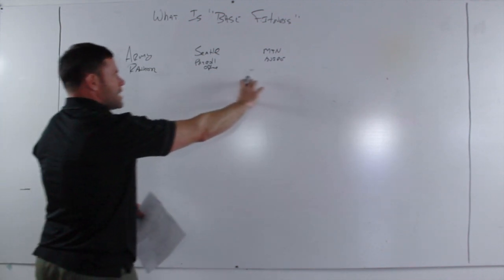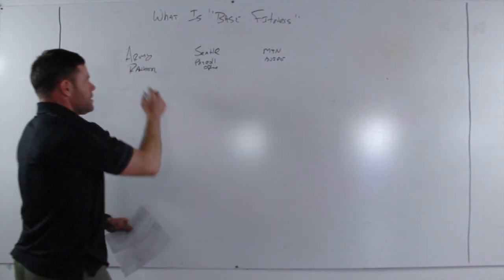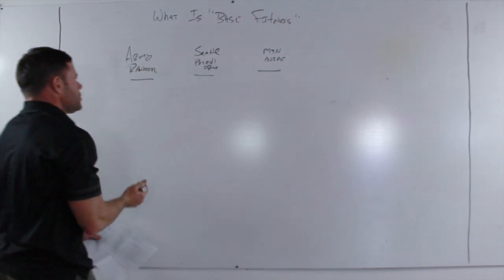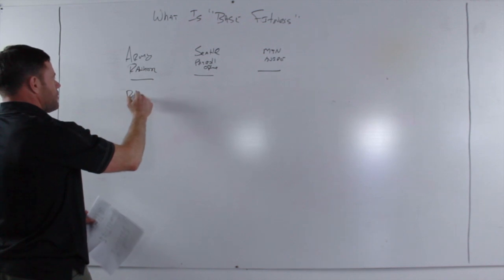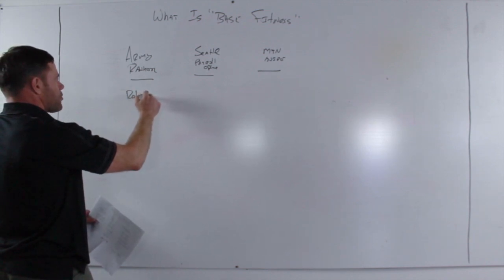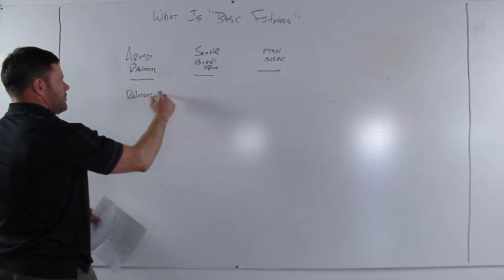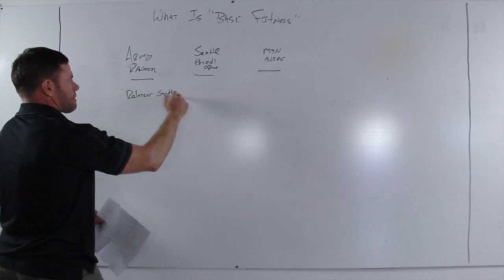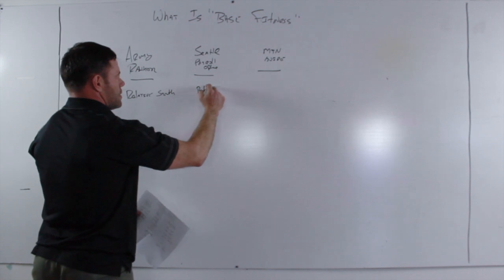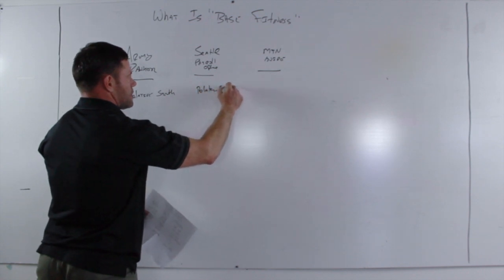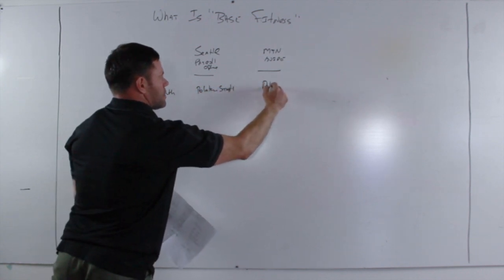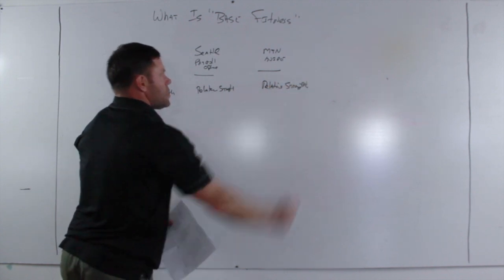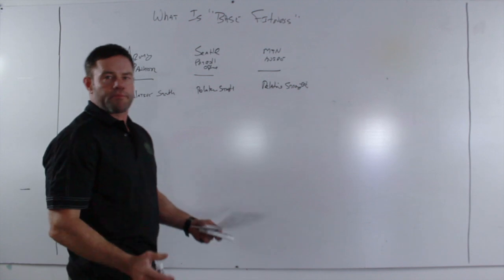The fitness demands from the base fitness perspective, they share some of the fitness demands, and then they have some that are unique to them. So for example, each of them has, under my programming, a base fitness demand of relative strength. Relative strength is strength per body weight.